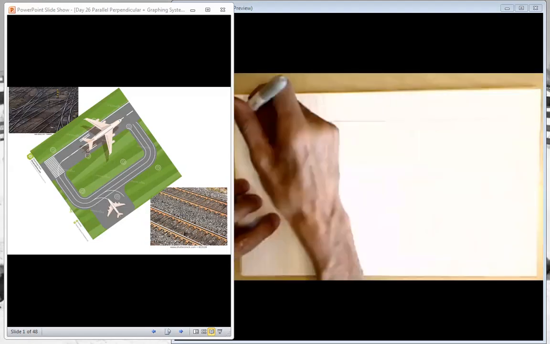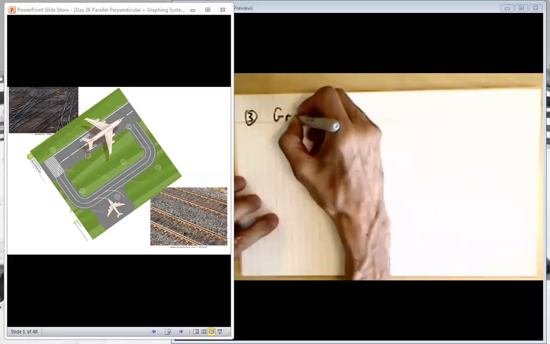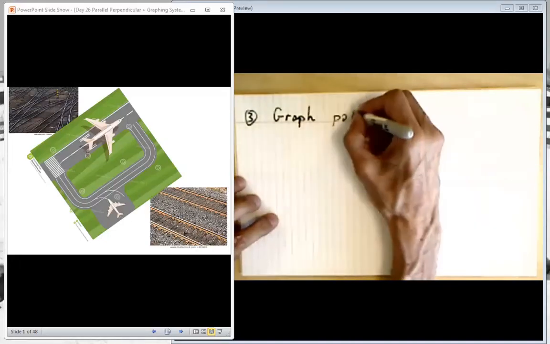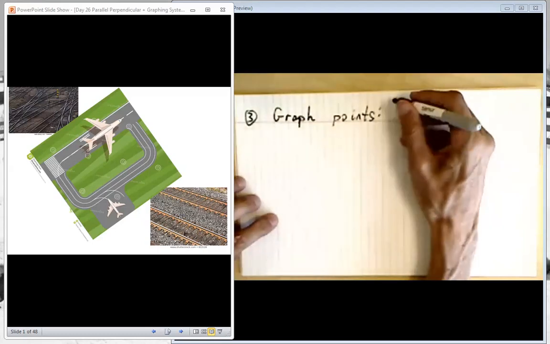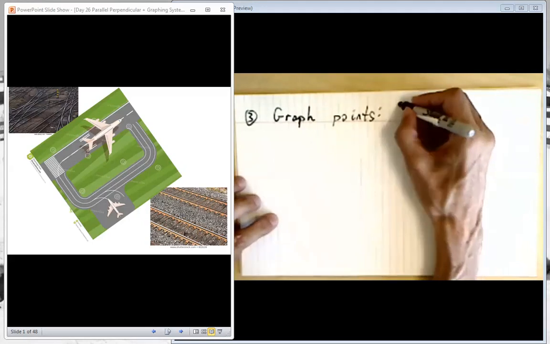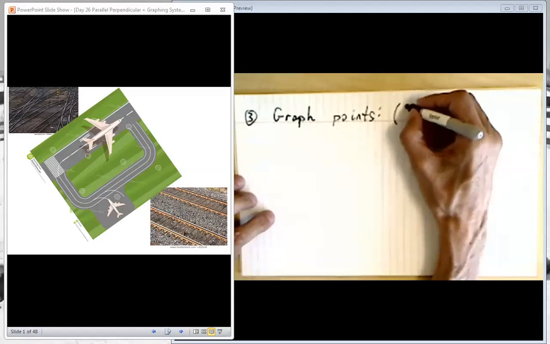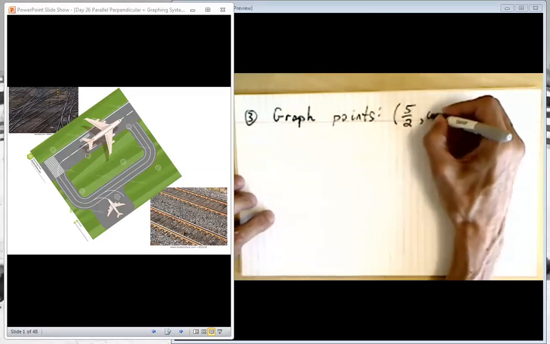So warm up number 3. Graph these points. 5 over 2 and 0.